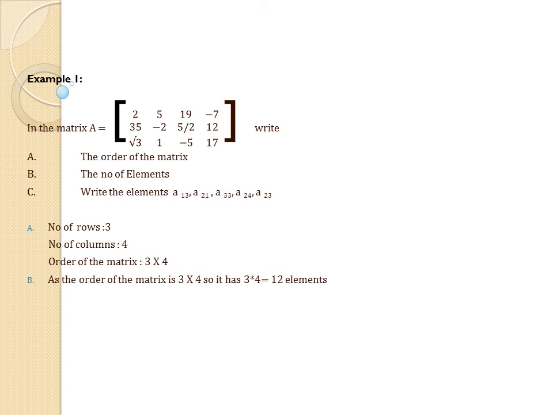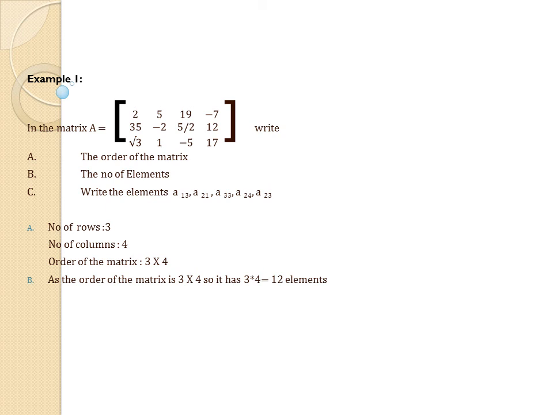Generally it may be in some larger dimension. Let's say someone may ask what is the number of elements of a 50 cross 24 matrix. At that time it is not possible to count all these. The rule is the number of rows times the number of columns equals the number of elements. Here the order of the matrix is 3 cross 4, so the number of elements is just the multiplication of those: 3 cross 4 equals 12 elements.